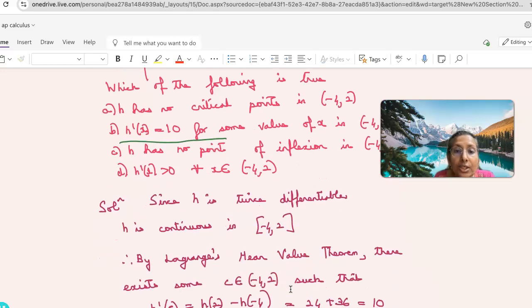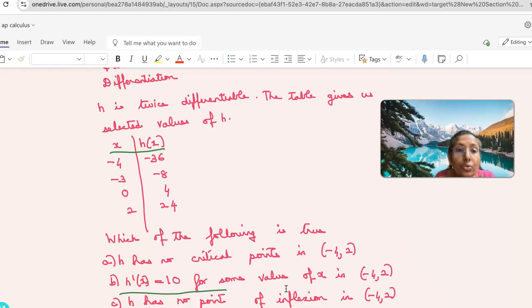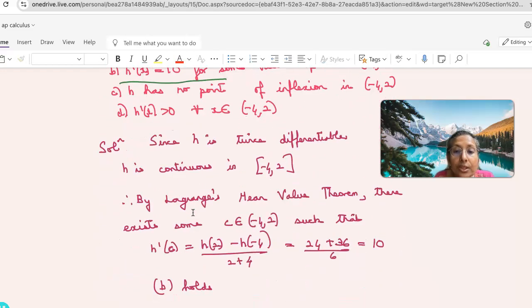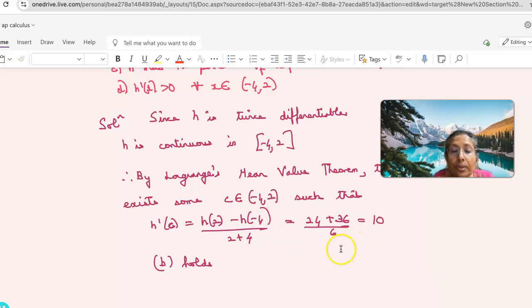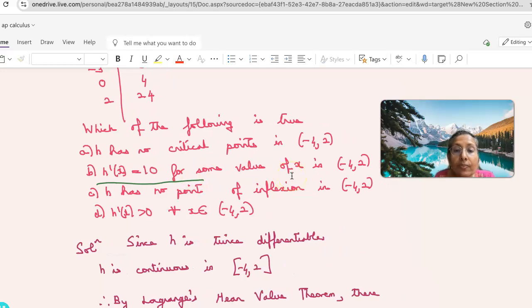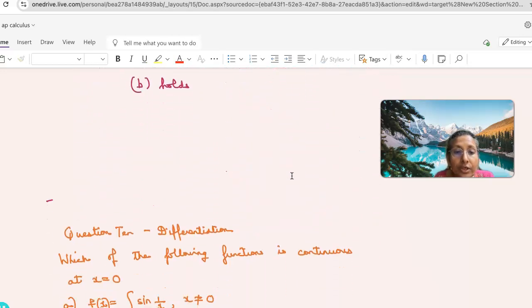So by Lagrange's theorem, there exists some c belonging to the open interval (minus 4, 2) such that h'(c) is (h(2) minus h(minus 4)) by (2 plus 4). h(2) is 24 and h(minus 4) is minus 36, so you get (24 plus 36) by 6, which is 10. So B holds because h'(x) equals 10 for some value of x in the open interval minus 4 to 2.